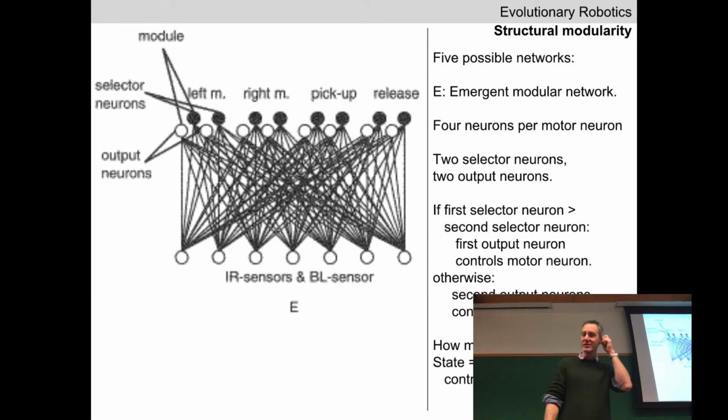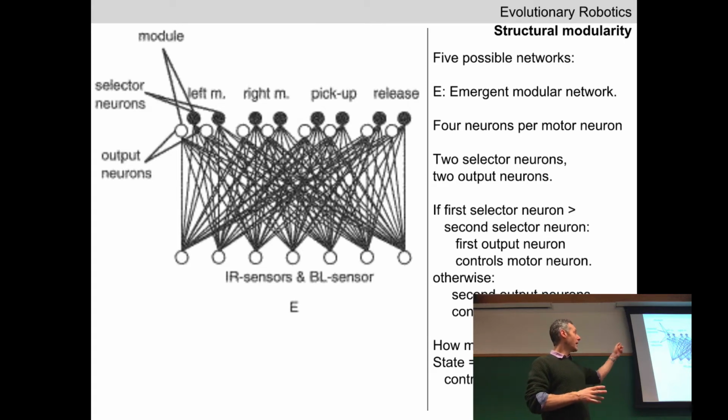And then we had this network E, which has in the back row there these selector neurons. For each pair of selector neurons, when the left value is greater than the right value, the left module is in charge, and when the right selector neuron has a greater value than the left selector neuron, the right neural circuit is in charge.